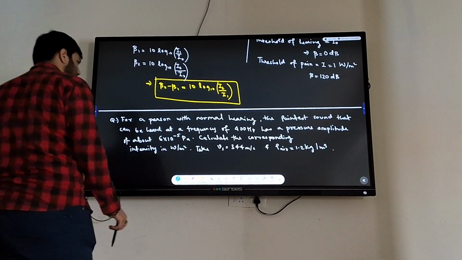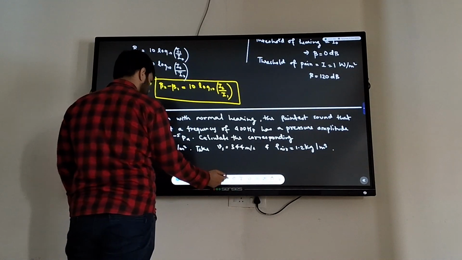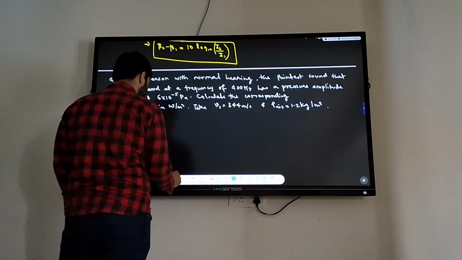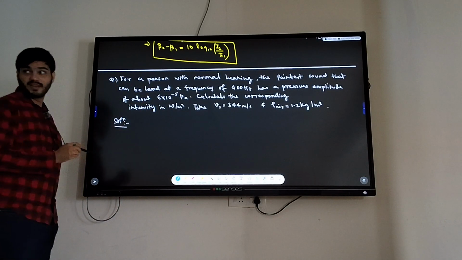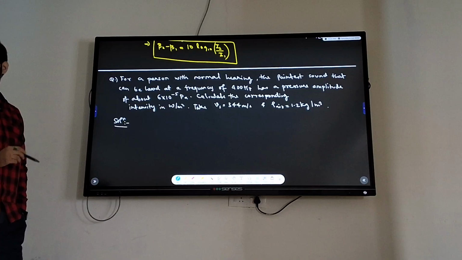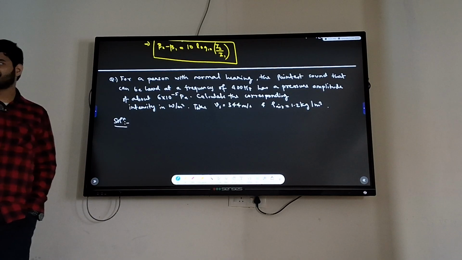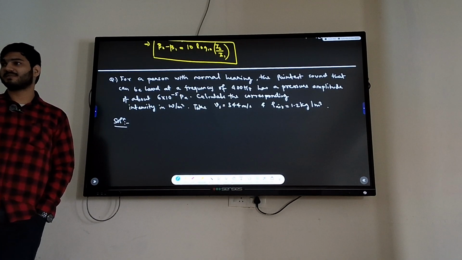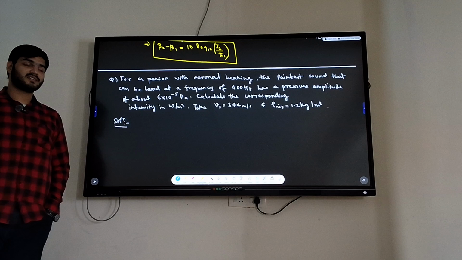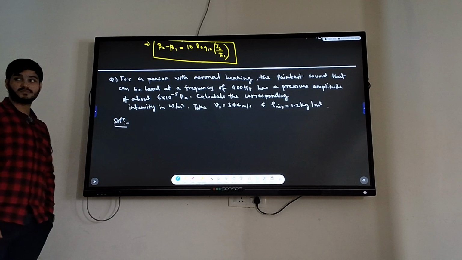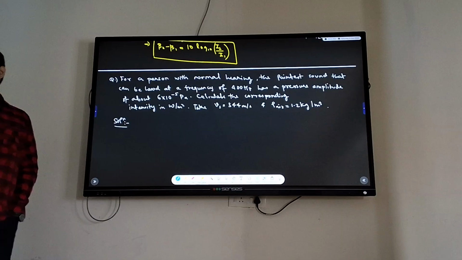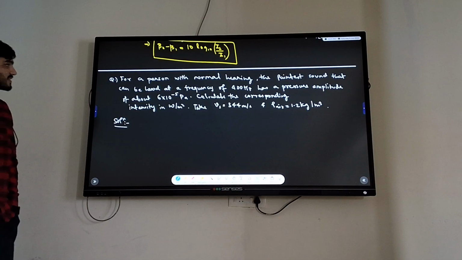They are asking to find the intensity in watt per meter square. Yes, did anyone get an answer? Value of log 7? No, log 7 should not come from anywhere. 416? No. So 40 decibels. No. Let's see.